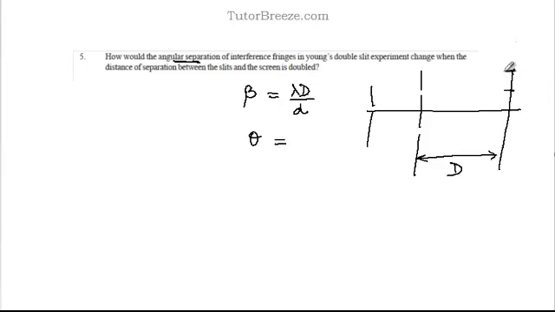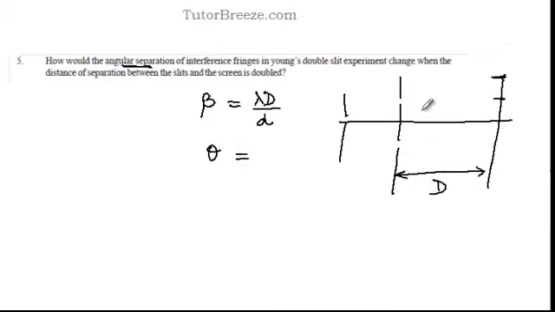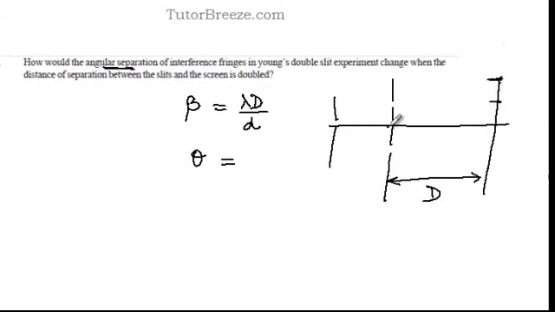I'm just taking it a little further off so that the diagram is clearer to you. Now, this is the distance between the two fringes. Beta denotes this distance between the two fringes, capital D is the distance between the slits and the screen, and small d is the distance between the two slits.